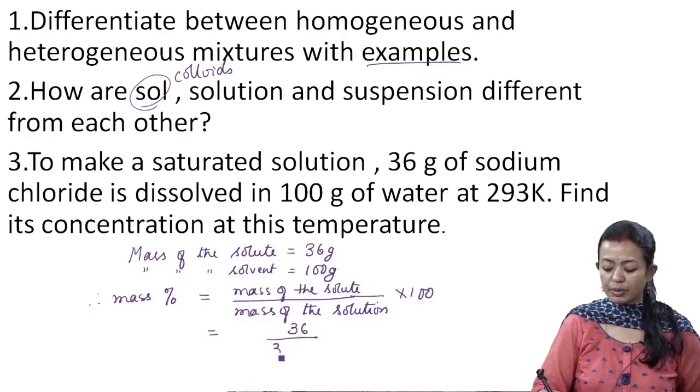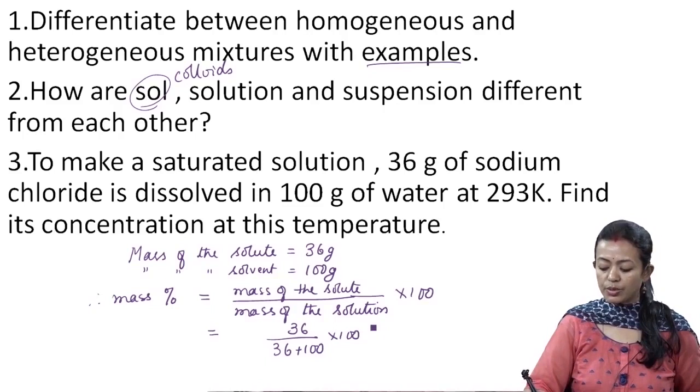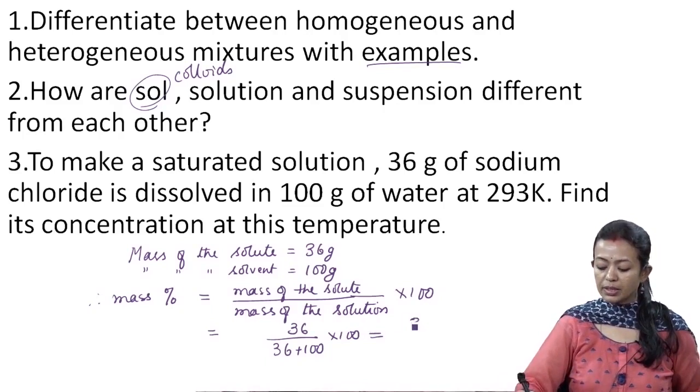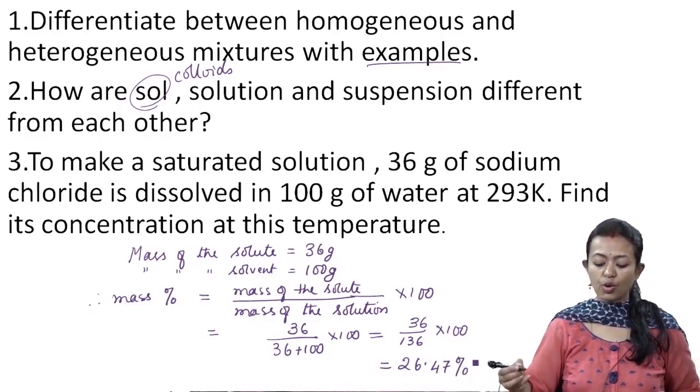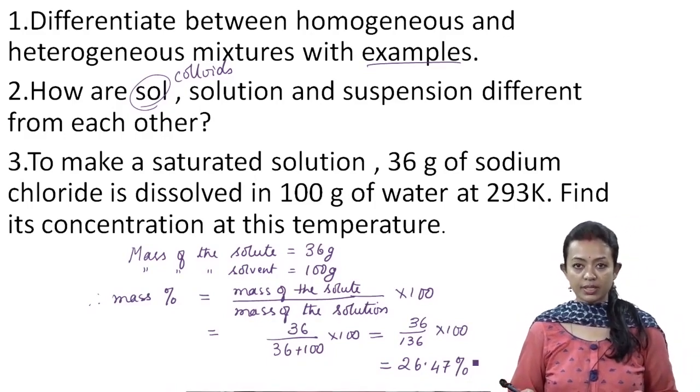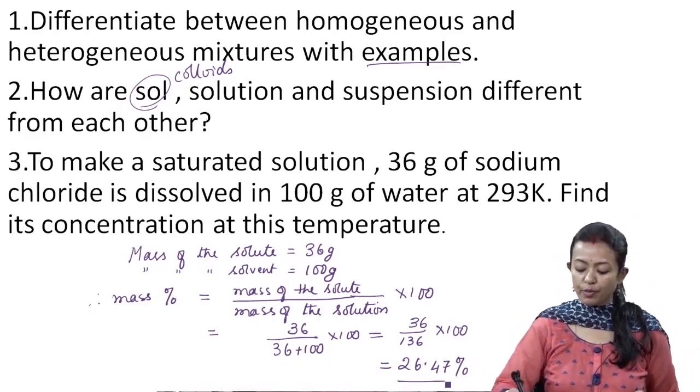Mass of the solution will be the solute plus solvent, which is 36 by 136 into 100, making 26.47%. So, the concentration of the saturated solution is 26.47%.